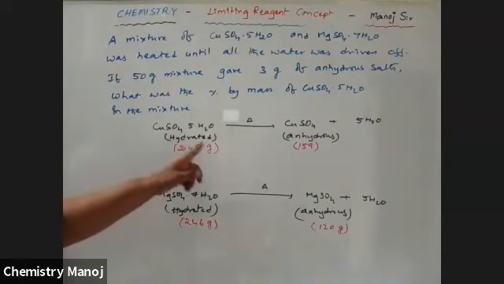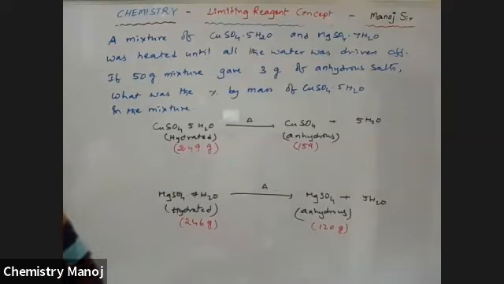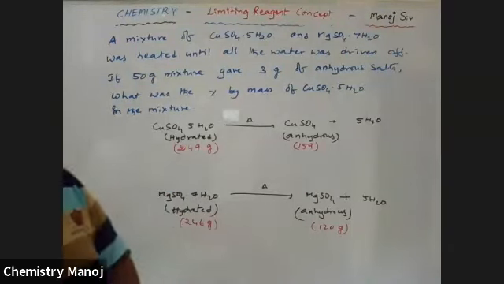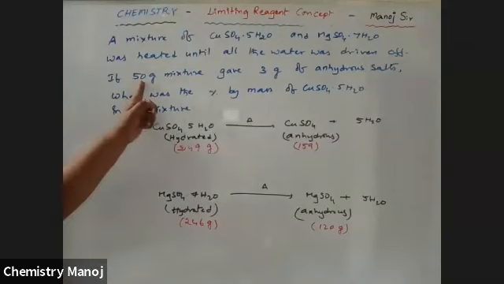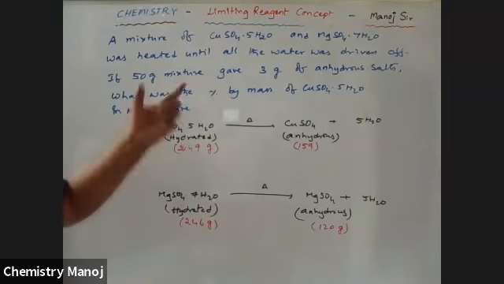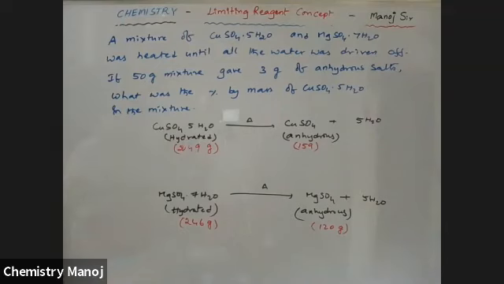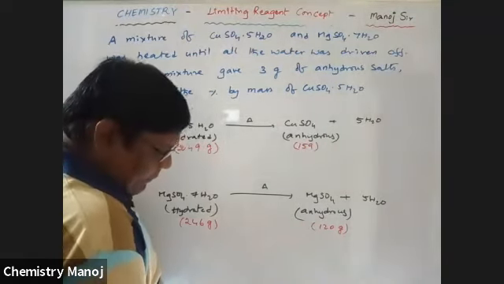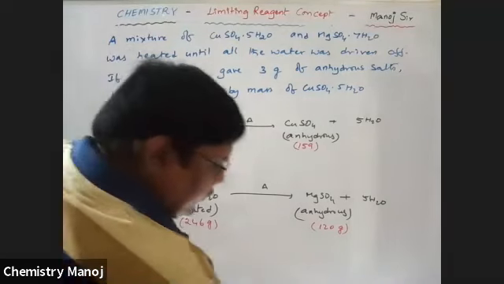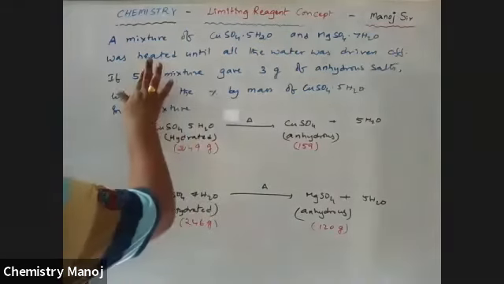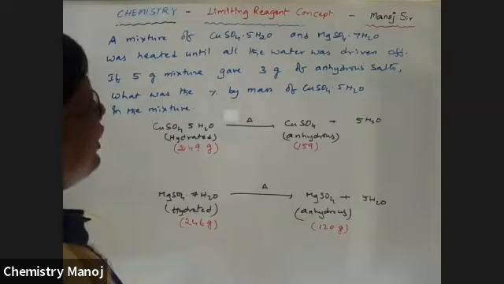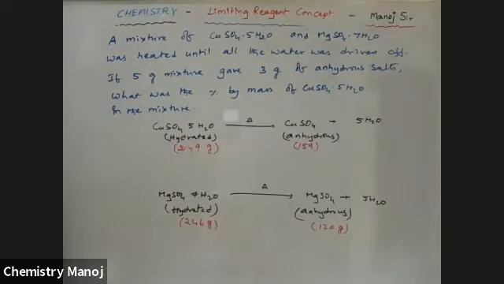That means 249 grams hydrated contains 159 grams anhydrous substance, and 246 grams hydrated contains 120 grams anhydrous substance. The mixture is not 50 grams, it is 5 grams only. 5 grams of mixture gave 3 grams of anhydrous salt.